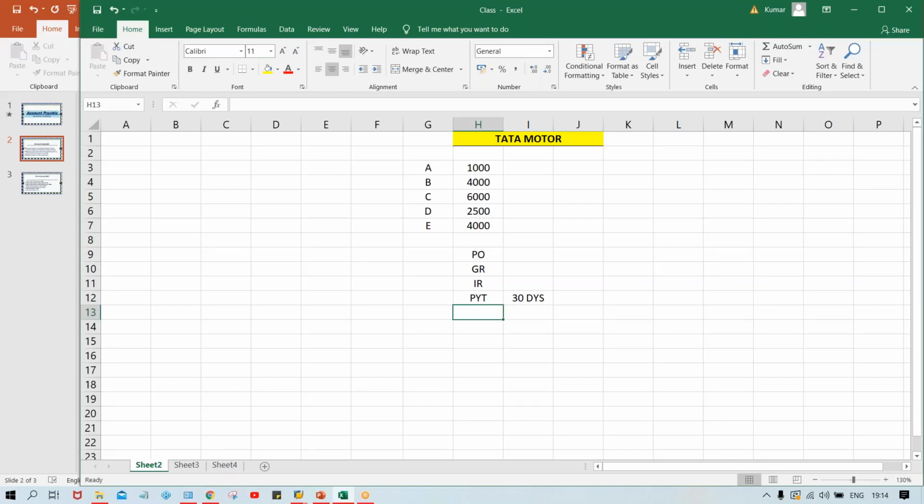Whenever any procurement is happening between organizations, procurement and purchase are the same, guys. The terms of payment are negotiated with the vendor: payment after 15 days, 30 days, 45 days, 60 days.